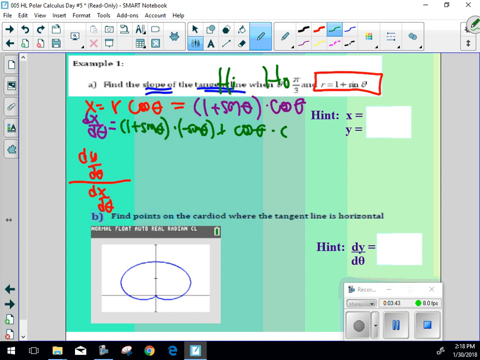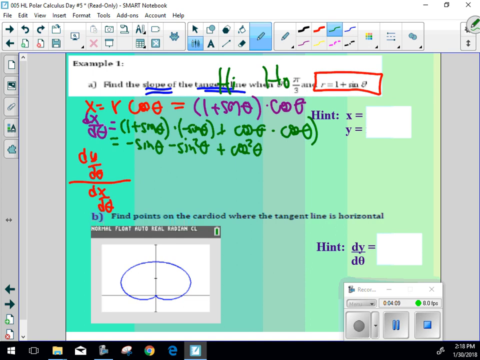Derivative of this is cosine theta. And let's see. Negative sine theta minus sine squared plus cosine squared theta. And now we put the pi over 3 in.